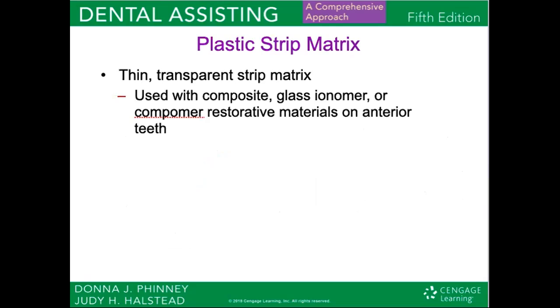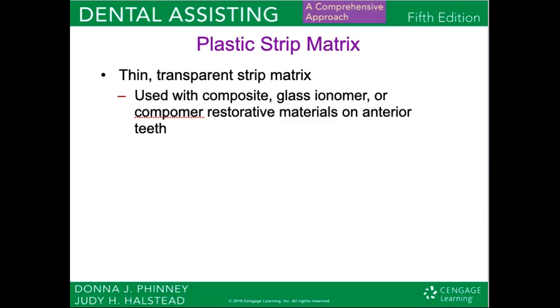We also have another matrix system called a plastic strip matrix. Another word for this type of system is a mylar, where we have thin, transparent strip matrices that are used for composites, glass ionomers, or compomer restorative materials that are placed on anterior teeth. So it basically looks like a thin piece of clear plastic that's used in lieu of that metal matrix ring.